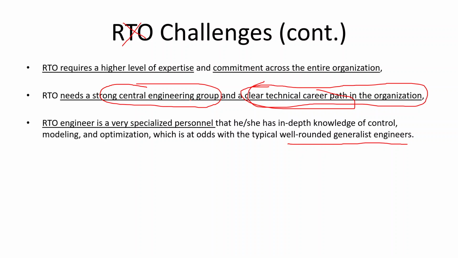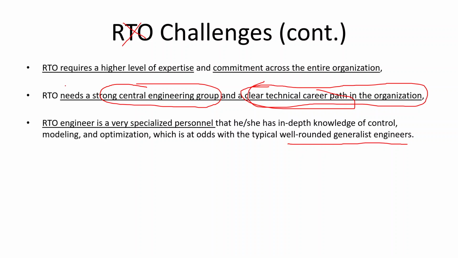If they don't have a clear career path, they will not find this type of work interesting, because you need a lot of focus and a lot of technical detail. And if it's not clear what my next career step within the organization is, they can simply leave for better career satisfaction or a better job somewhere else.